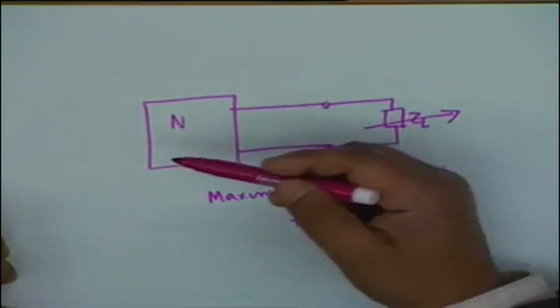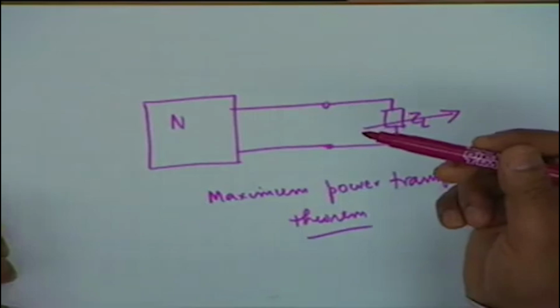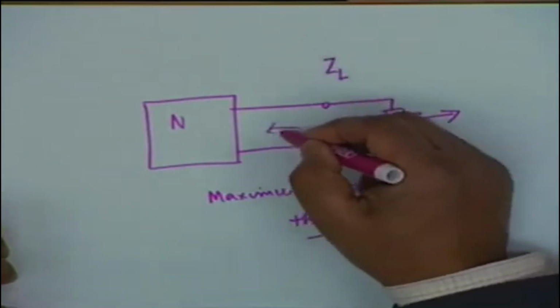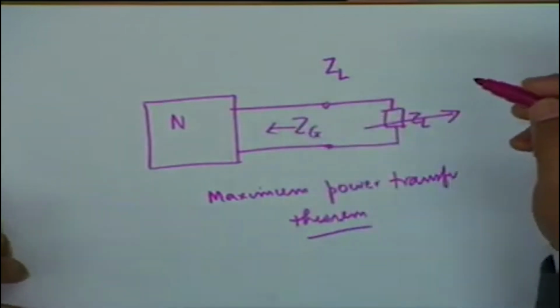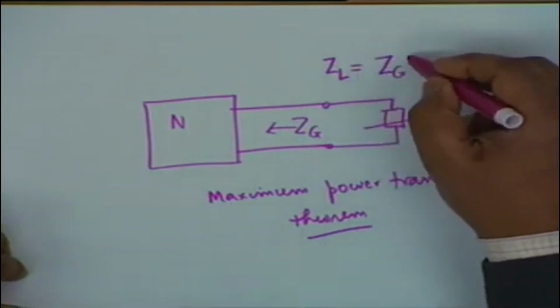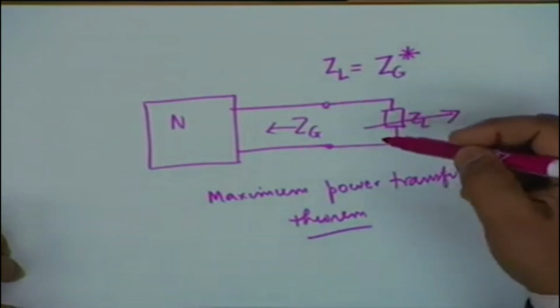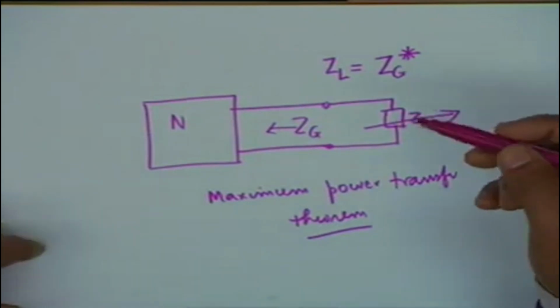If N contains resistances as well as reactances, then ZL should be the complex conjugate of the equivalent Thevenin impedance, and this is what we are going to prove in a few lines.